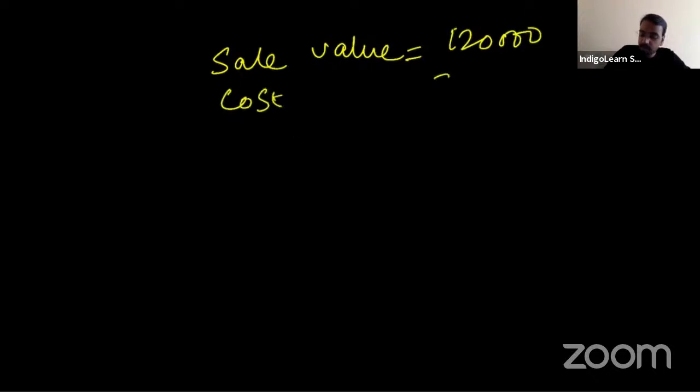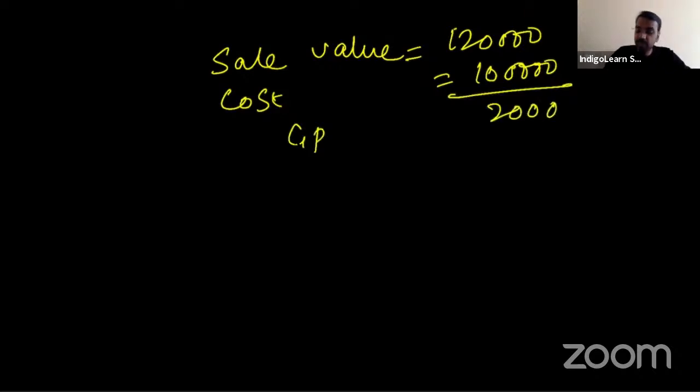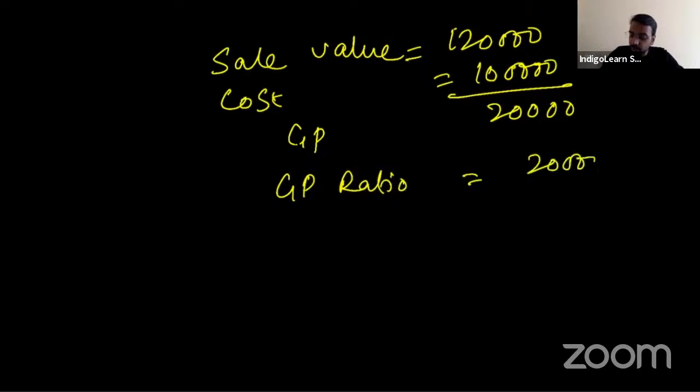What is my gross profit? Gross profit is 20,000. Now I can find out my gross profit ratio. That will be 20,000 divided by 1,20,000 multiplied by 100.